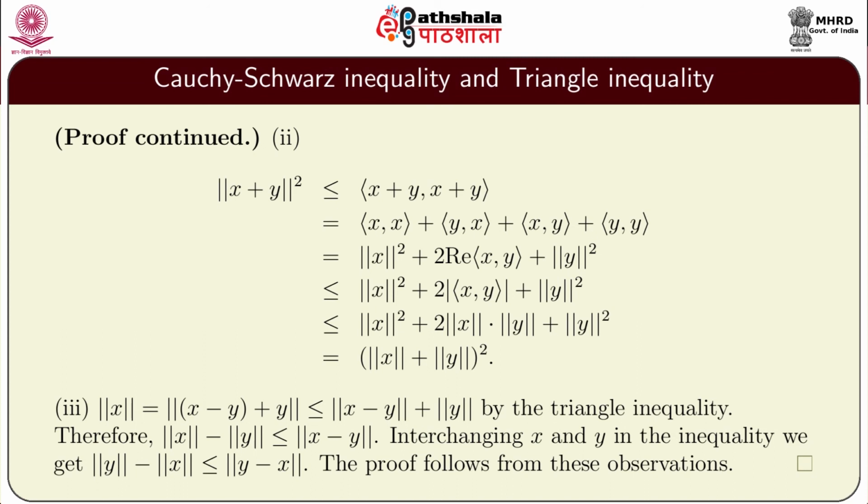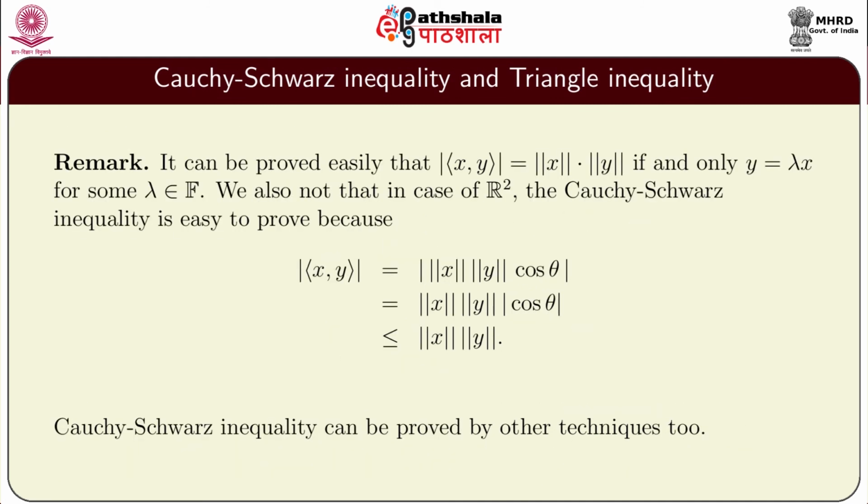But norm of x minus y is the same as norm of y minus x, and what you see on the left hand side, there is only a difference in sign, and therefore we get our result that modulus of norm of x minus norm of y is less than or equal to norm of x minus y.